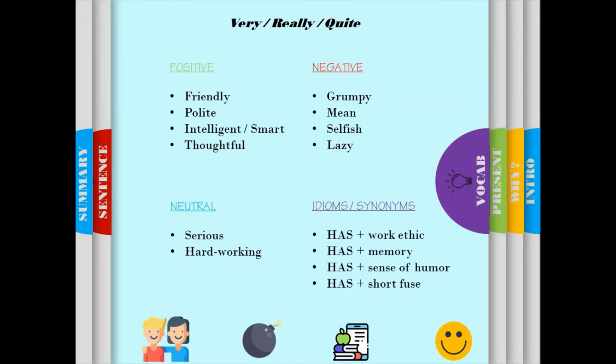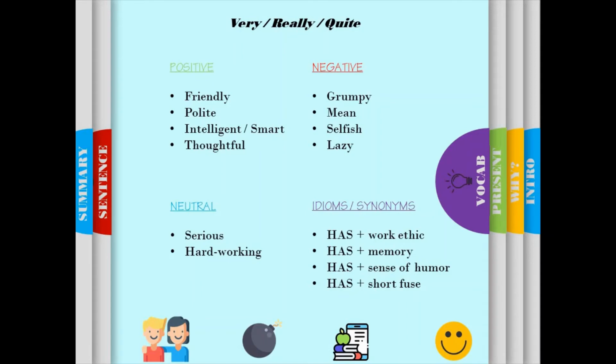So here you can see we have has along with work ethic, has with memory, has with sense of humor, and has short fuse. So with short fuse, perhaps you can see the picture on the bottom of the slide of the bomb.